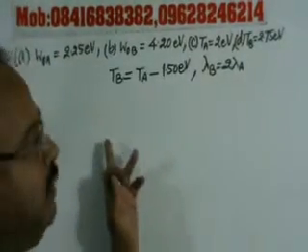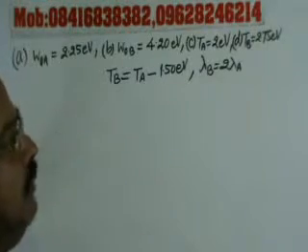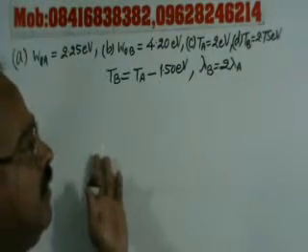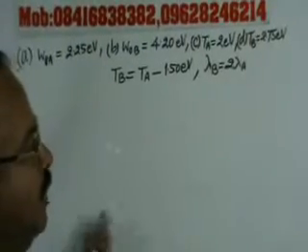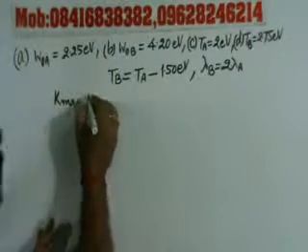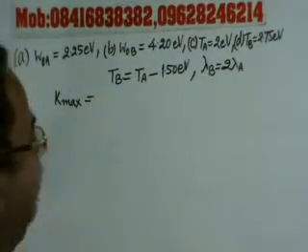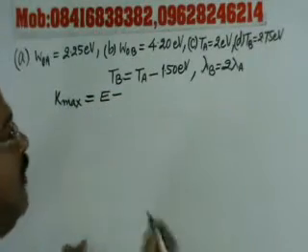Now when photons of energy 4.25 electron volt strike the metal A, the ejected photoelectrons have maximum kinetic energy Ta. So what we know is that Kmax is equal to the energy of incident radiation E minus the work function.